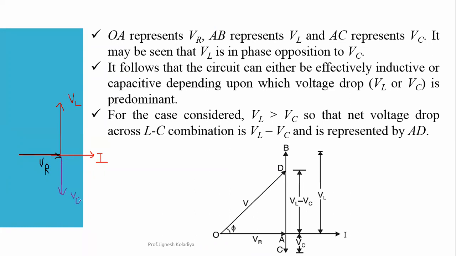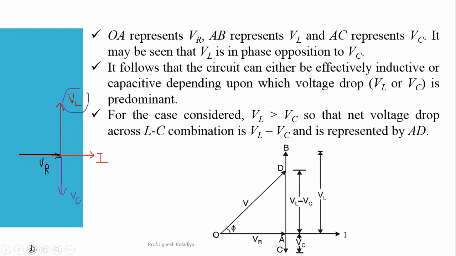Now, how can we find the resultant? If you see over here, VL and VC are both in opposite directions. That means you can subtract these two because both are 180 degrees out of phase. So depending on the magnitude of VC, you will get your output.